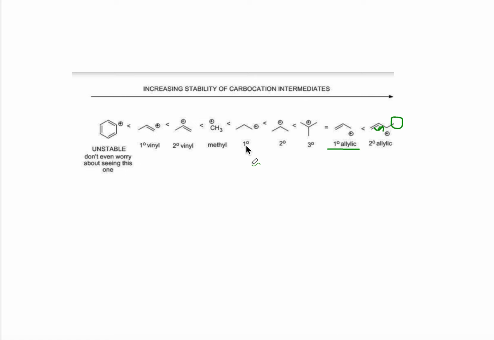Therefore, primary carbocation is least in this group. Then next comes the methyl carbocation, where there is no stability factor, as you can see, neither any electronic nor any steric factors.